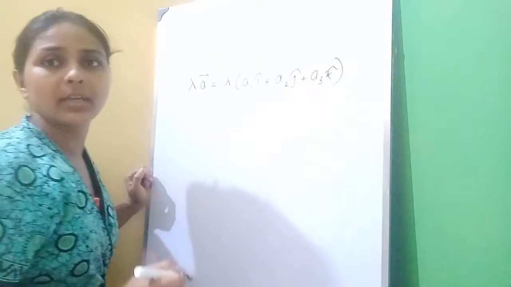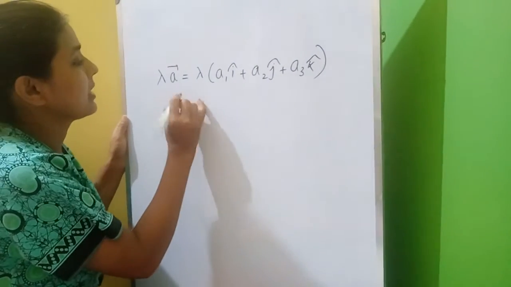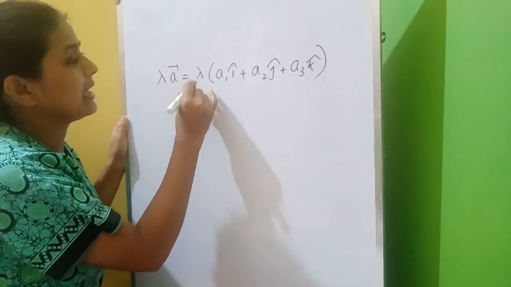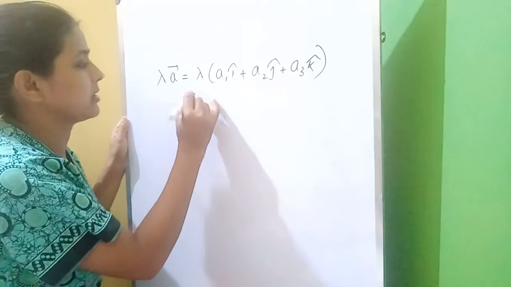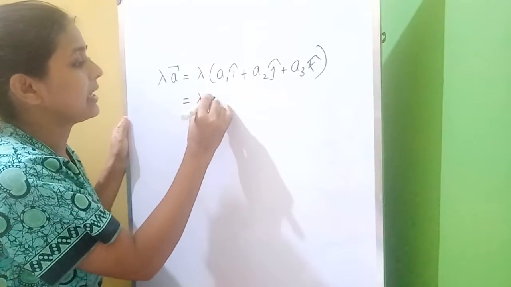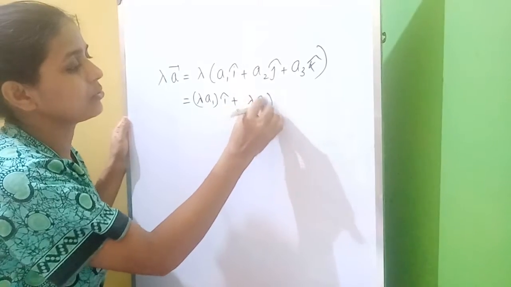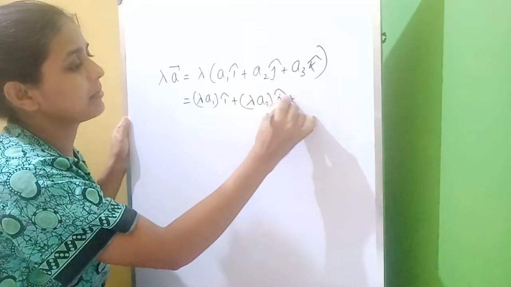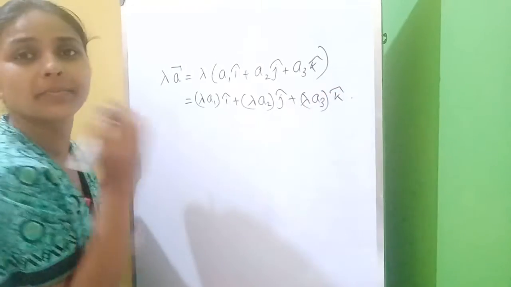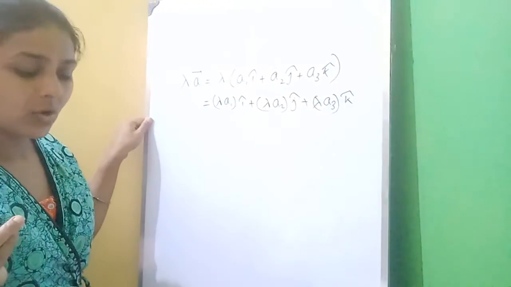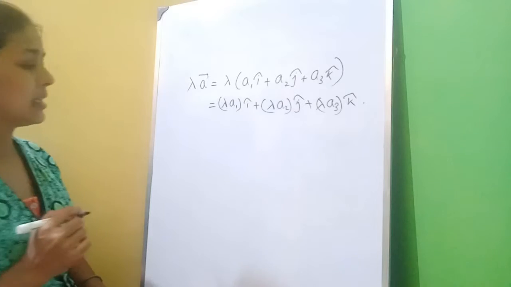Can you see it? That means lambda will be multiplied to each component: lambda A1 i plus lambda A2 j plus lambda A3 k. Like this. So it will be multiplied to everything.